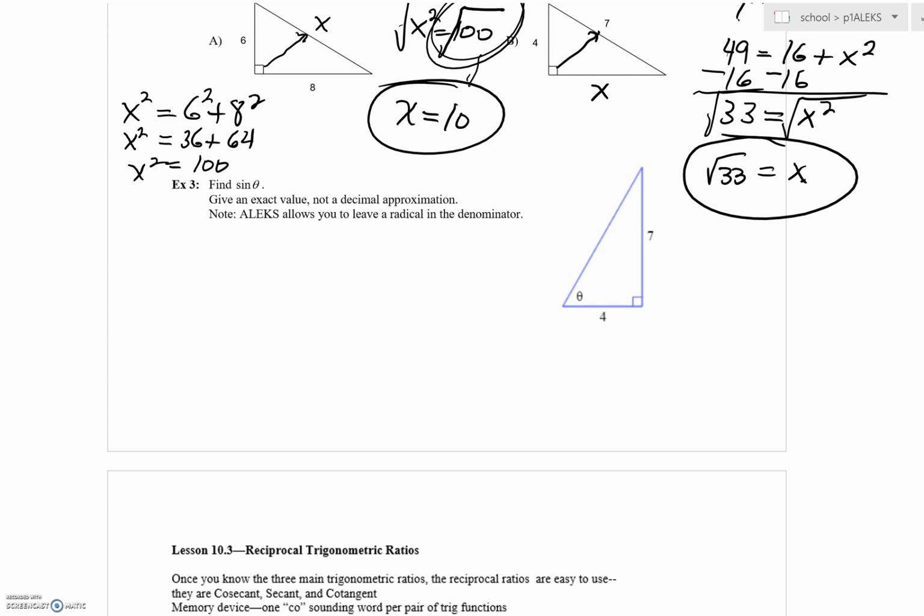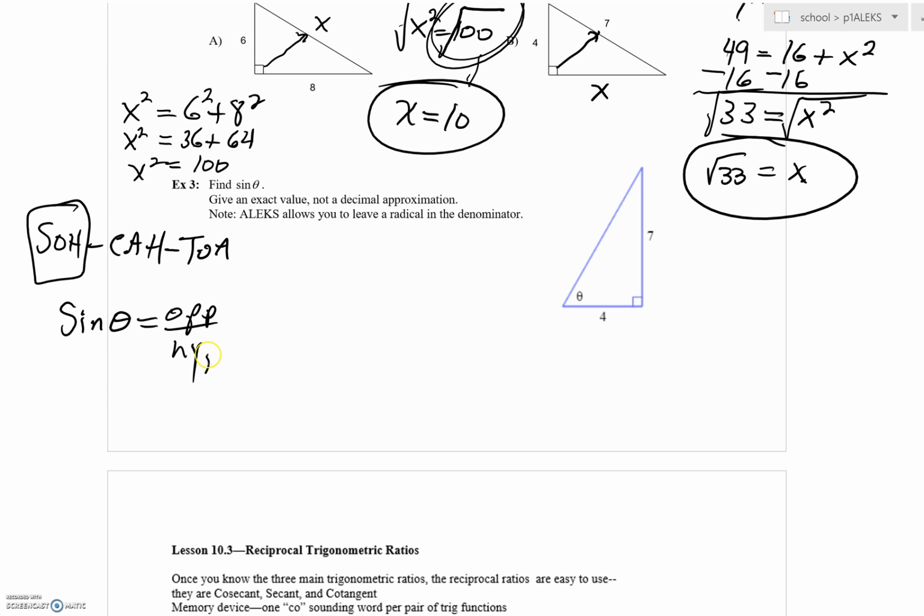They're asking you to find sine. And when you're trying to find sine, if we go back to SOHCAHTOA, sine was the SOH. What was the definition of sine? What fraction? Opposite over hypotenuse, right? Here's the problem.